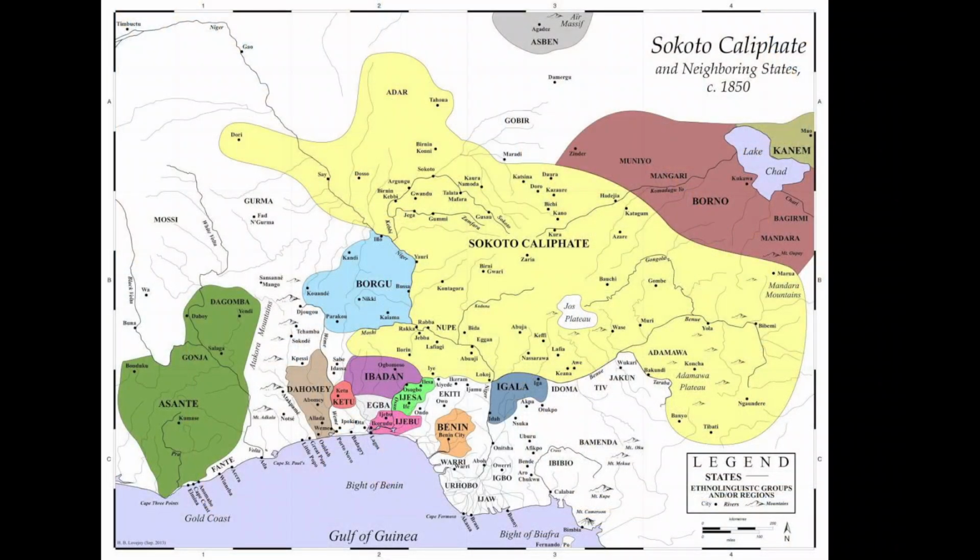The Sokoto Caliphate's territory was thought to house the world's biggest slave population, approximately 2 million individuals, by the 1890s, according to the Encyclopedia of African History.